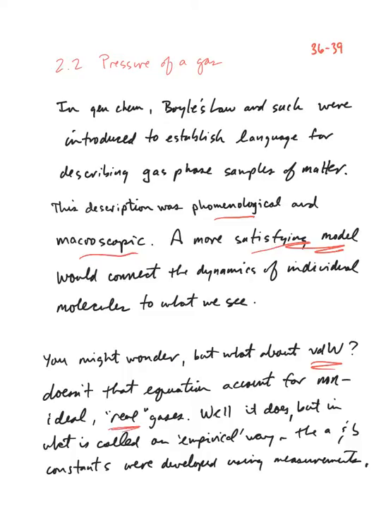If you recall, in van der Waals in particular, we said that there was a term that was correcting for the attractions between molecules, and then there was another term that was correcting for the size of the individual atoms. Well, the fact was, it did indeed correct for those terms, but it did it in what's called in science an empirical way. Basically, those values, A and B, which are kind of like the little adjustments or fudge factors in the equation, they were developed using measurements.